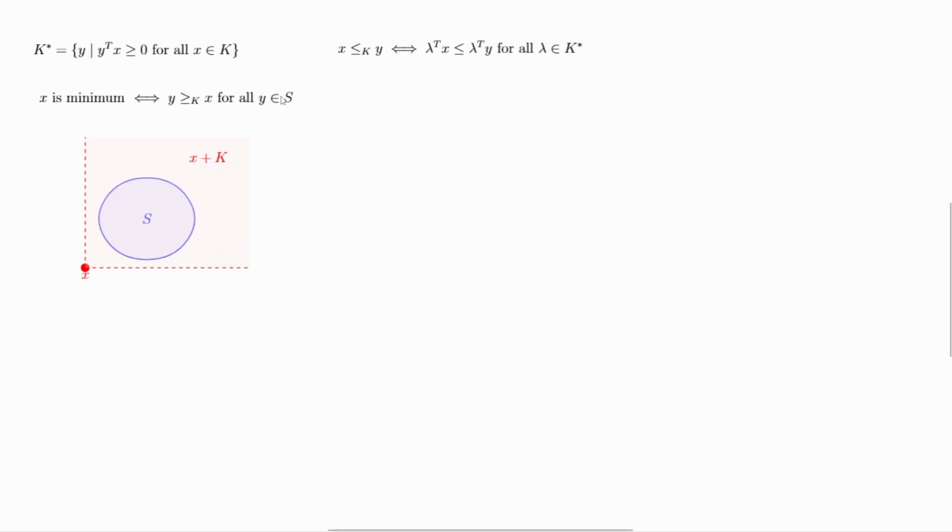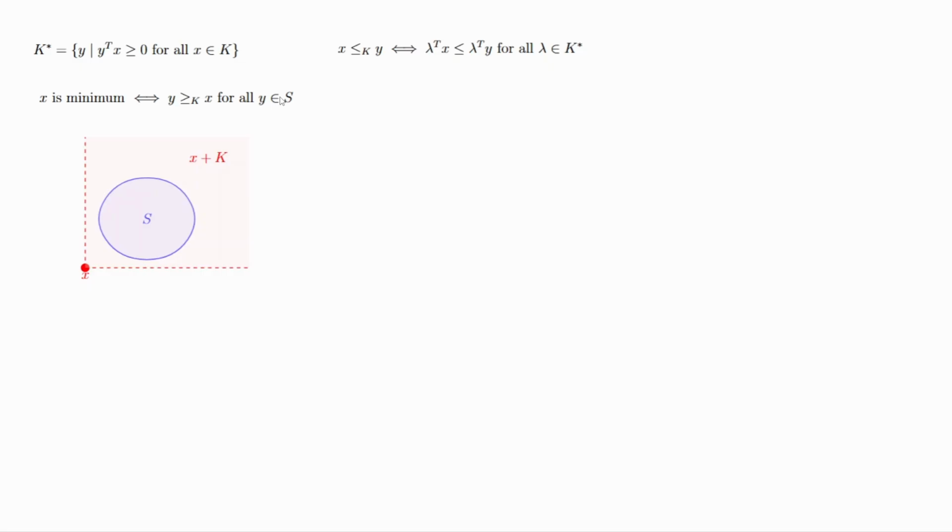So this means that x2 minus x1 is in K, and that x1 minus x2 is in K. For a proper cone, of course this implies that x1 is equal to x2. And so we've shown that if there are two elements that are minimum of the set, then they must actually be the same element.